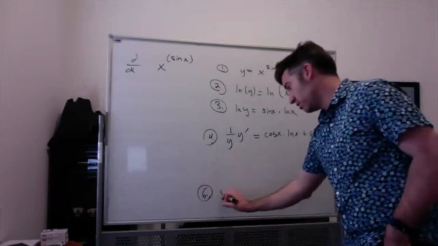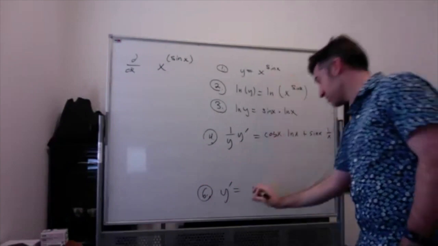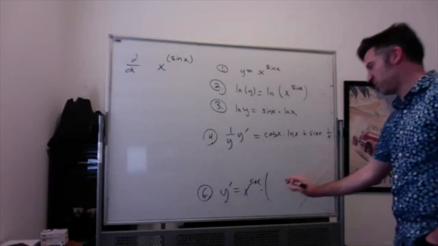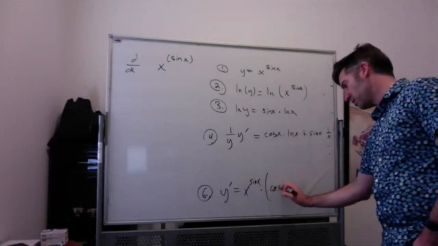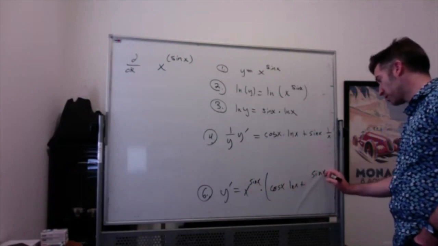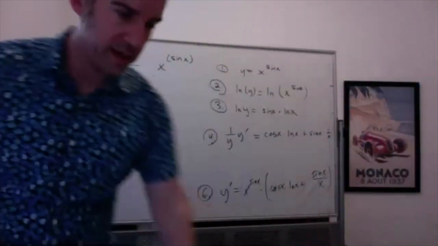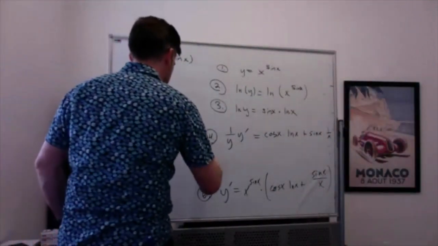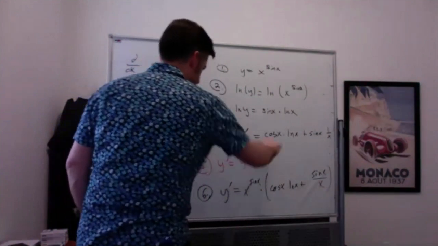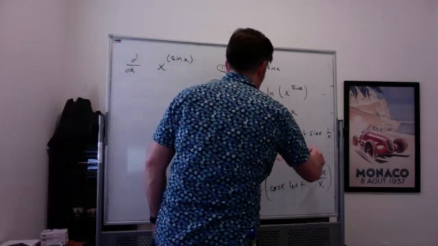We get y prime equal to y, which is x to the sine of x, times this stuff here, which I'm going to simplify just a tiny bit, as cosine of x times natural log of x plus sine of x over x. The intermediate step that I didn't write is the multiplying by y step, where we say y prime is equal to y times cosine of x natural log of x plus sine x over x.